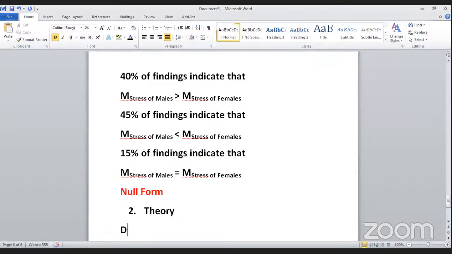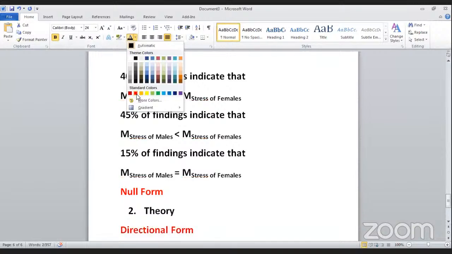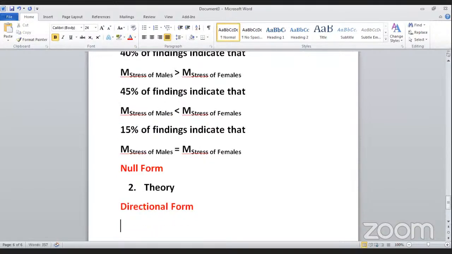You have to formulate hypothesis in the directional form. Why directional form? Because you have a strong evidence. You have a strong base. And since you have a strong base, you can formulate the hypothesis in the directional form.